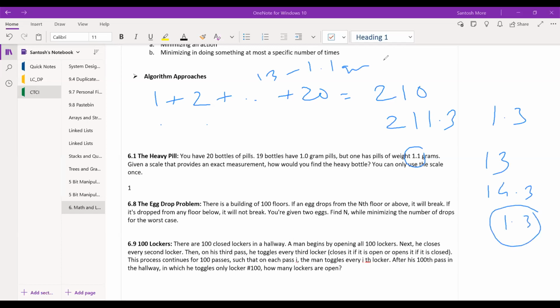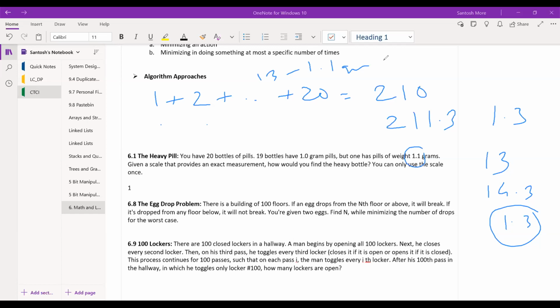Because we are taking an extra 0.1 grams for each of the 13 pills. It is a simple math problem. If it was bottle number 10, each pill is 0.1 extra, and you had 10 pills in there, so 0.1 times 10 is 1.